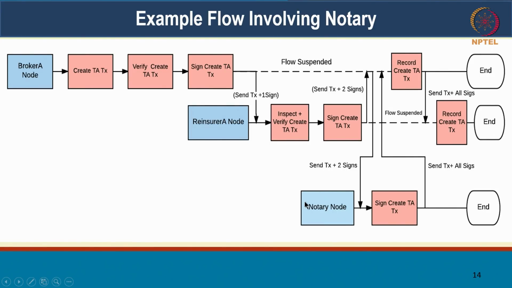It will then detect whether there are duplicates, and only if it's not double spent, if it's a unique transaction output, then it will sign that transaction. So the notary adds its signature and sends it back. The point when the notary signs it is when the transaction is considered final, and then Alice and Bob can commit those transactions into their respective ledgers.